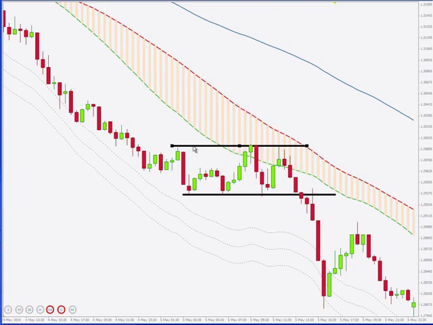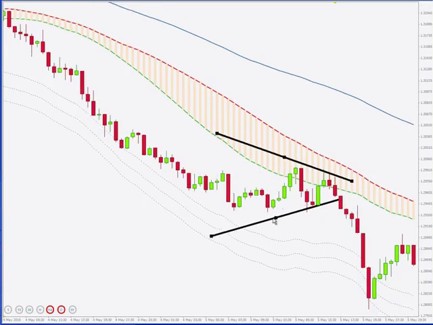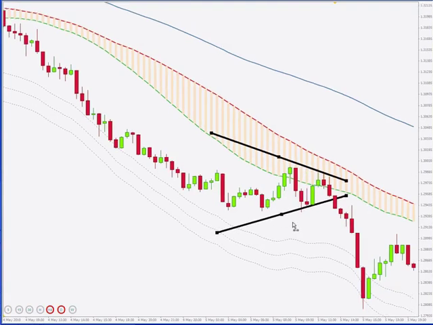Now, let's imagine this, instead of being a sideways range, was a standard triangle. How do you measure the width of the triangle? Well, let's imagine price followed this type of price pattern before the breakout.